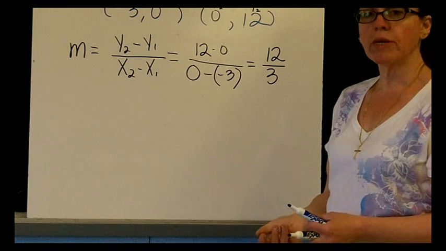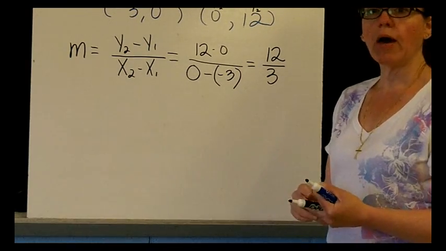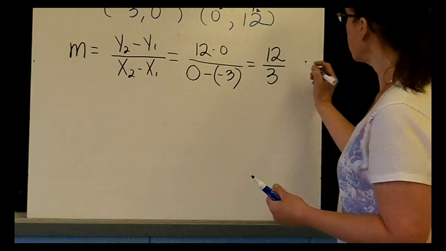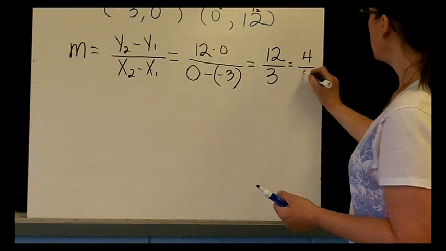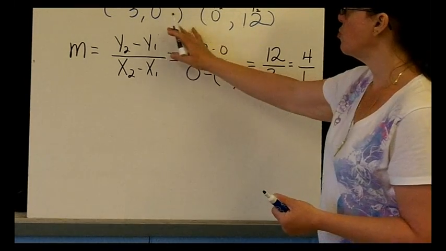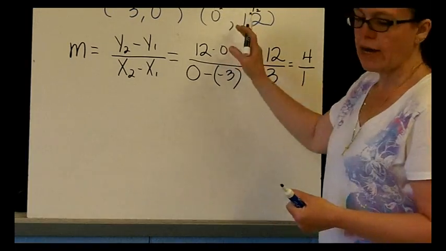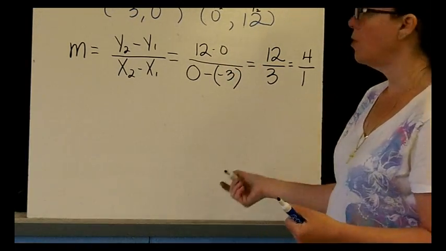Remember what I said before? We simplify, but we keep our fraction improper, which means this will simplify to 4 over 1. So the equation that has these 2 points on it, y equals 4x plus 12, has a slope of 4 over 1.